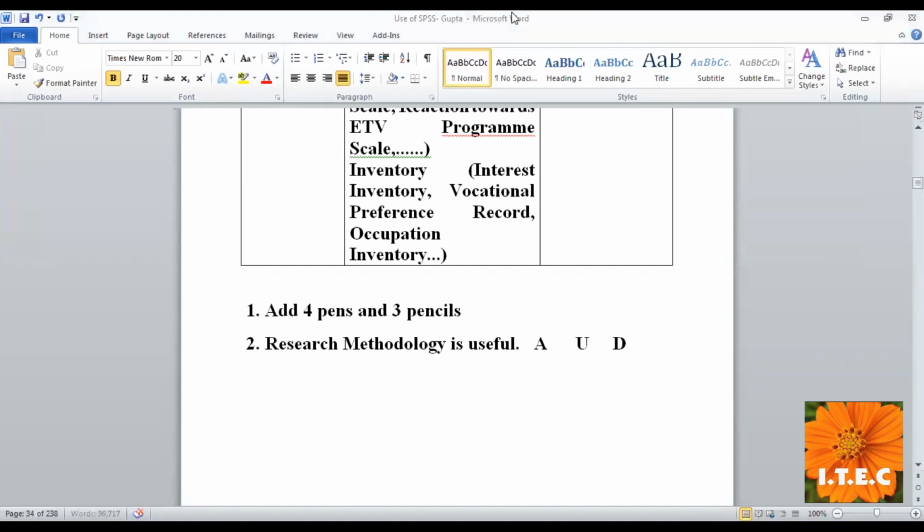Now, can any one of you tell me what is the answer of the first question? Add 4 pens and 3 pencils. Add, what is the answer, Chauhan? Chauhan, give me the answer of the question number 1. I'm not asking whether it is scale or inventory. I'm not asking that.